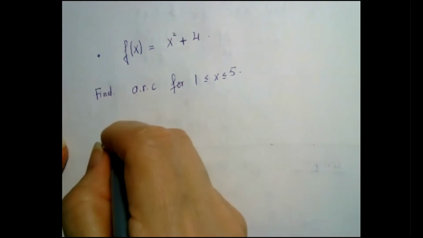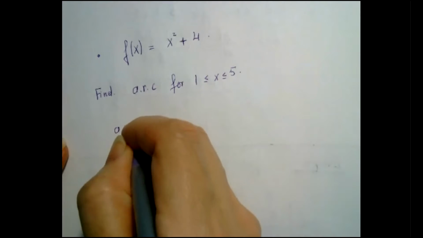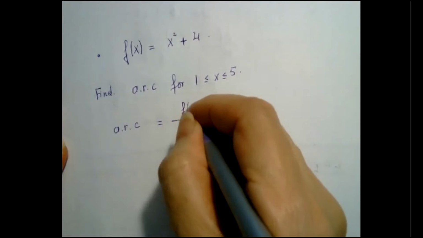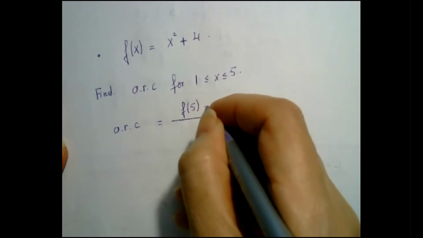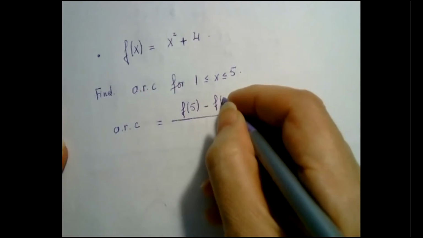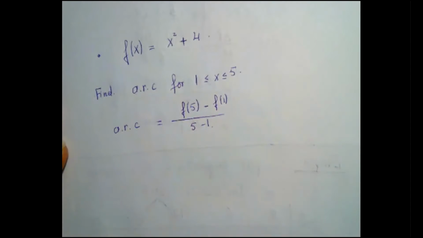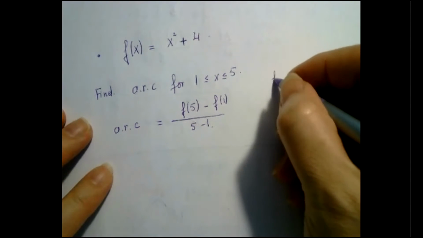So here I just use the formula. The average rate of change is going to be the value at 5 minus the output at 1, divided by 5 minus 1. So in a symbolic way, we just use the formula verbatim. So on the side, what is f of 5?